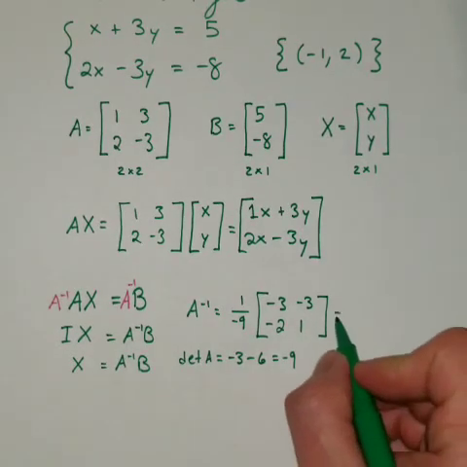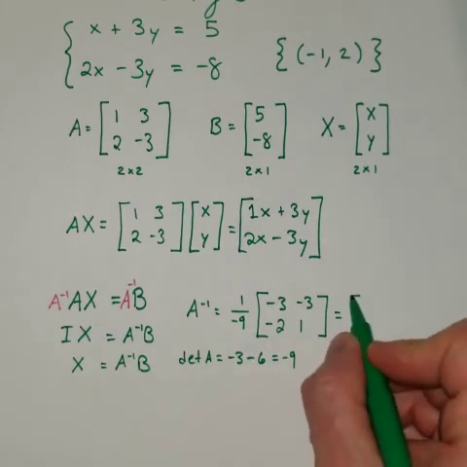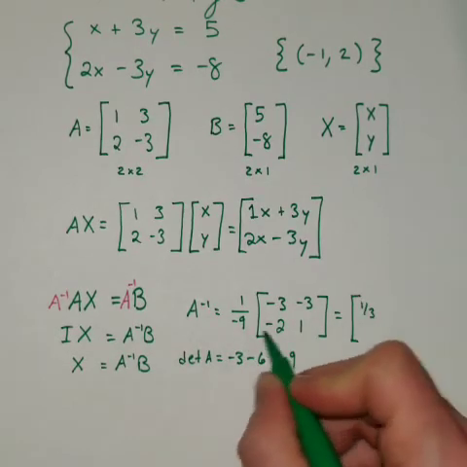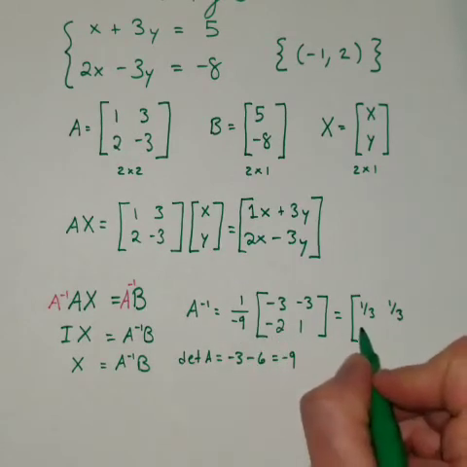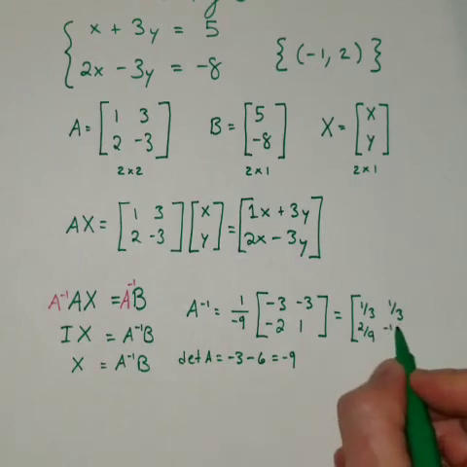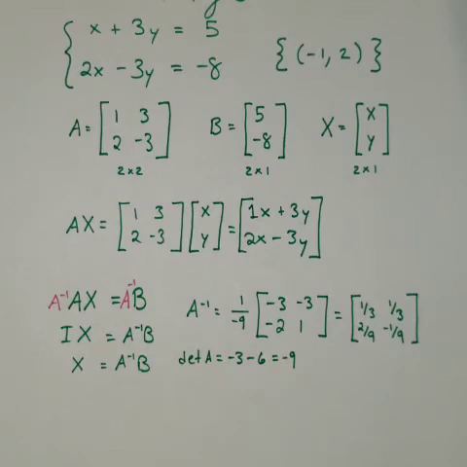And if I were to distribute this -1/9 in, -1/9 times -3 is 1/3. Same thing on the other side. This would be a +2/9, and that would be -1/9. Alright, so there's our inverse matrix.